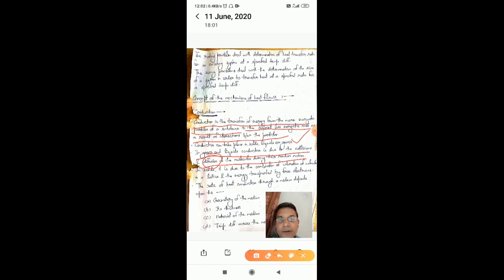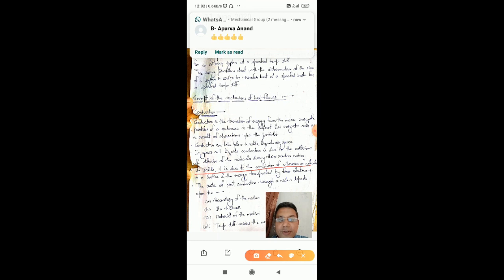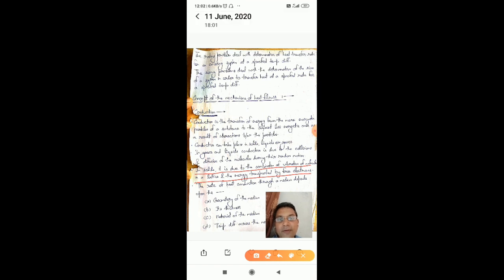Coming to the part in solids, it is due to the combination of vibration of molecules in a lattice and the energy transported by free electrons. So what does this mean? It is written here that conduction in solids actually happens because of vibration of molecules in a lattice and the energy transportation by free electrons.